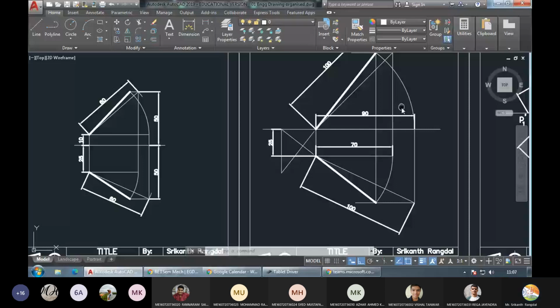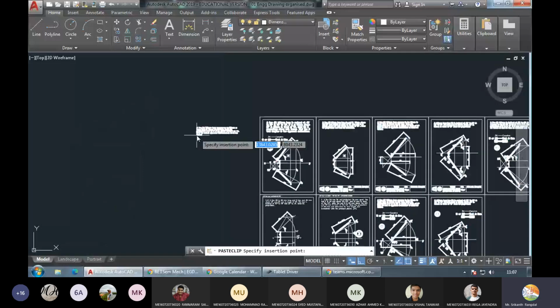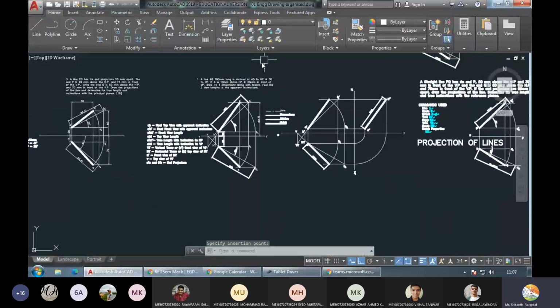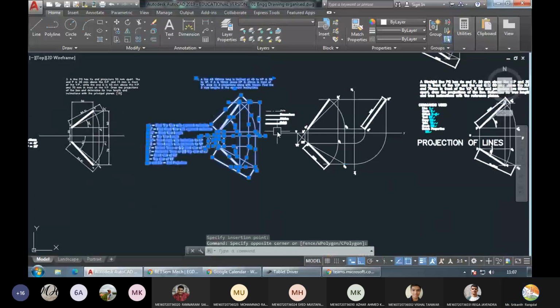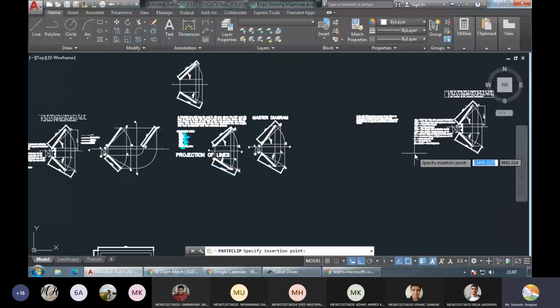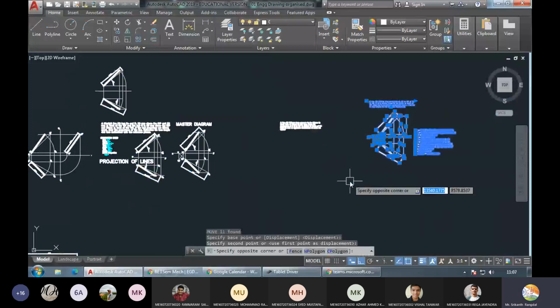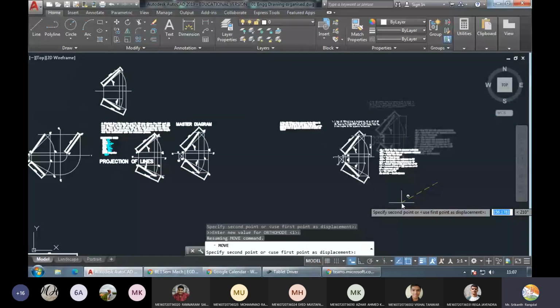Once again, we should be able to see the master diagram, and we should be able to identify these names and all. I will send it to the other side. This one, I will bring it nearer. Okay. So now let's solve this problem.